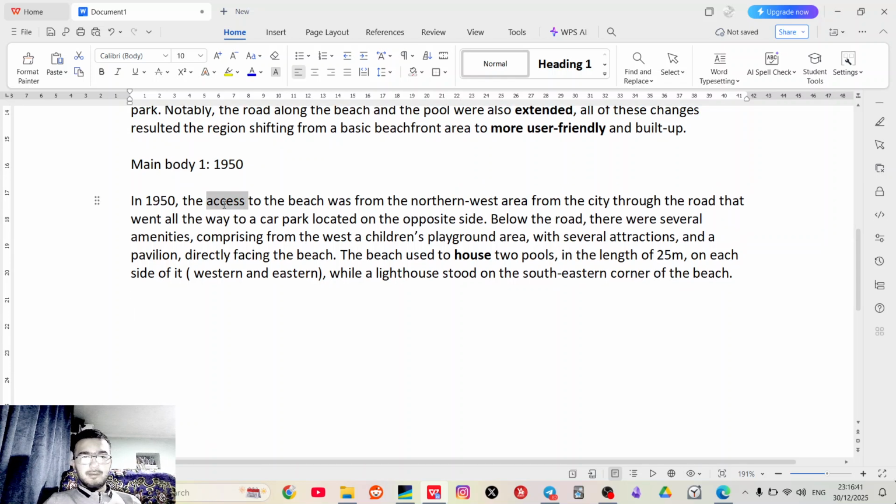The access to the beach was from the northwest area from the city through the road that went all the way to a car park located on the opposite side.